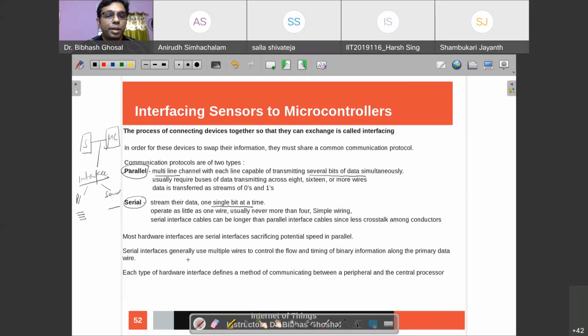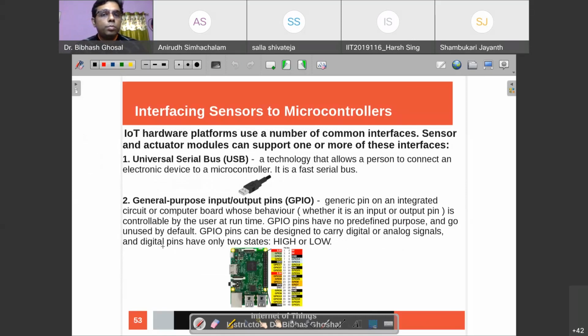So serial interfaces have been modified and improved, and now they are high performing. They send the data single bit, but very fast. There are a number of interfaces that have come up. One of them is called USB, which allows a person to connect an electronic device to a microcontroller. We've already seen that. I won't go into the details of all this because it's available on the internet. Please go through that.